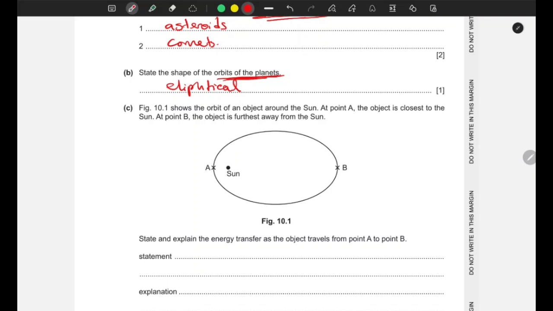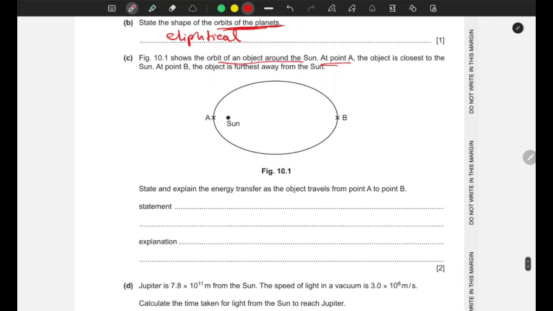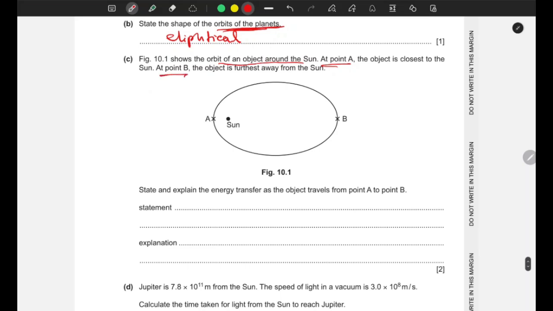Figure 10.1 shows an orbit of an object around the sun. At point A, the object is closest to the sun. At point B, the object is furthest away from the sun. State and explain the energy transfer as the object travels from point A to point B. So at point A, it's closest to the sun, so there's high gravitational force attracting it towards the sun.